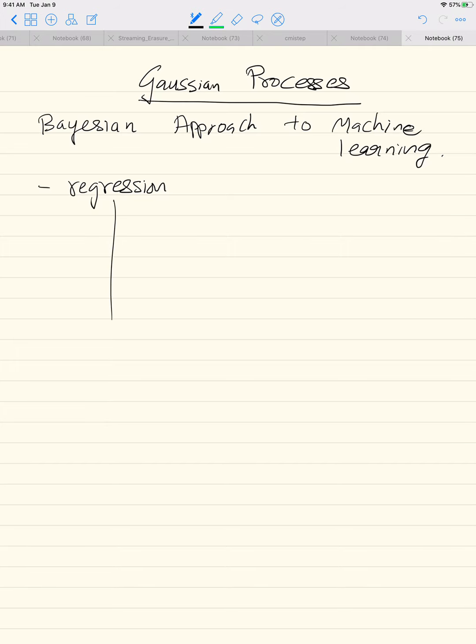Suppose we consider a regression problem. So imagine that we have some one-dimensional function and the ground truth might be some observations like this.